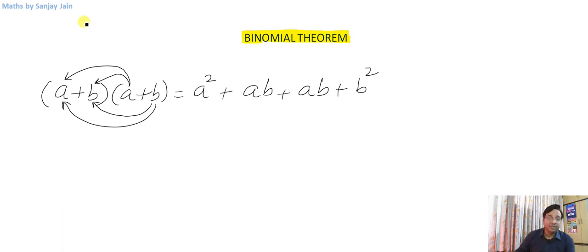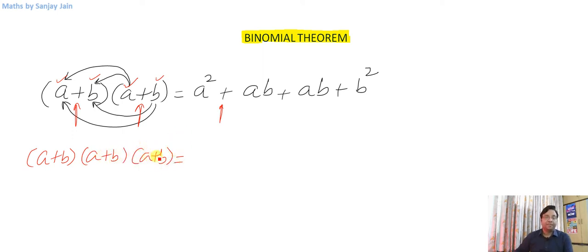So what we have done here is we have taken every term of this bracket and multiplied it with every term of this bracket and then put a plus sign here because of this plus sign, right? This is what we have been doing. Now when I ask you about three brackets, (a plus b), (a plus b), (a plus b), then you will say that I will take a from this, a from this, a from this, so I'll get a term a cubed, right?